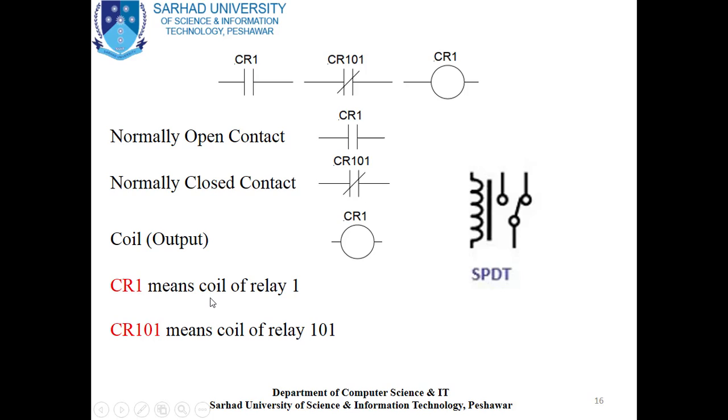CR1 means coil of relay 1. CR101 means coil of relay 101. Switching to the next slide.